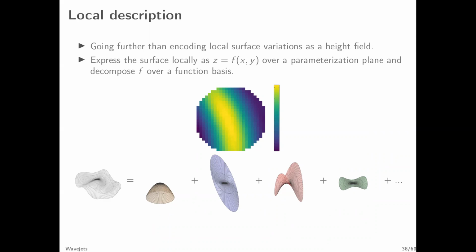Mathematically, a surface of dimension 2 in 3D can locally be parameterized over a small subset of R2, so it's basically a plane plus height view of the surface, where the height is encoded as z equal f of x and y.